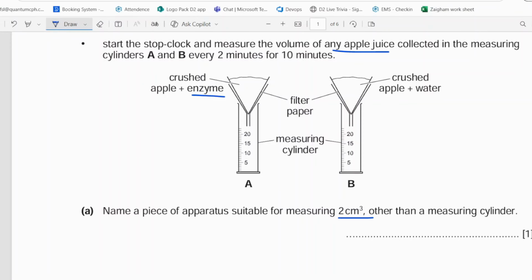You can take it in something like smaller apparatus. Now think about that, which are smaller in size and used to collect volume. You can use a syringe or you can use a pipette. Burette we don't use. Pipette we use, but burette we don't use.